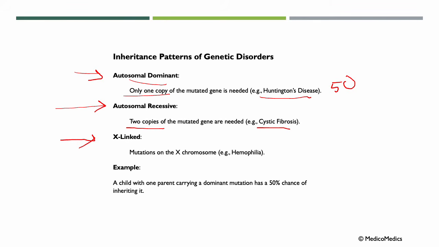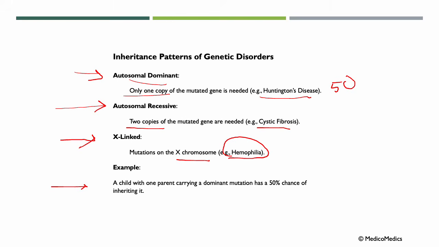Then we have X-linked. These are caused by mutations on the X chromosome. These disorders often affect males more severely as they have only 1 X chromosome. So, for example, hemophilia. And females may be carriers with mild or no symptoms.